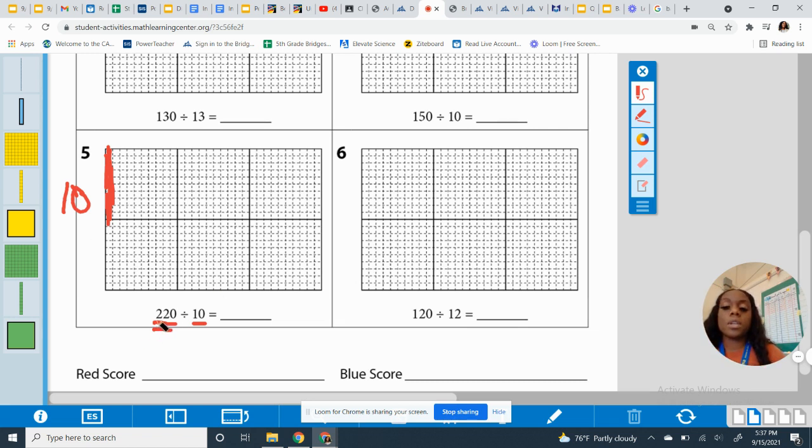Now let's go to the dividend again. So now we're going to make sure we color in 220. This entire square is 100.